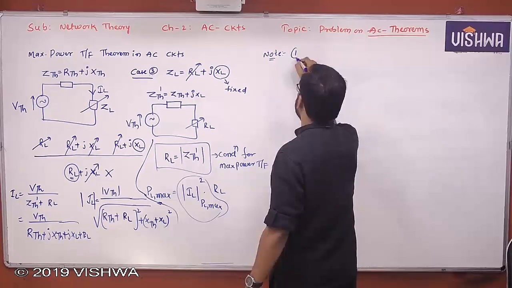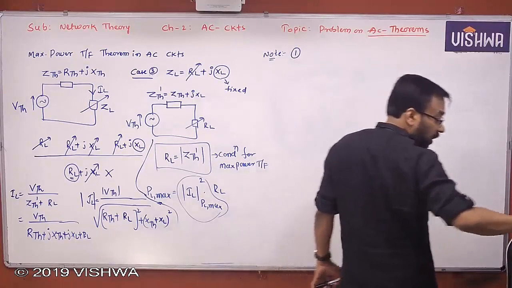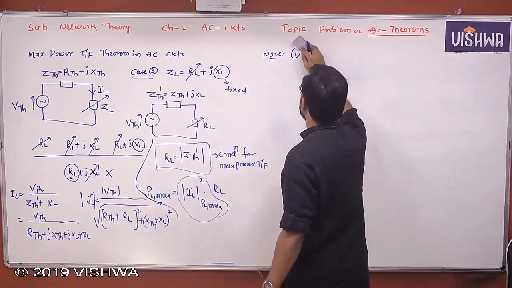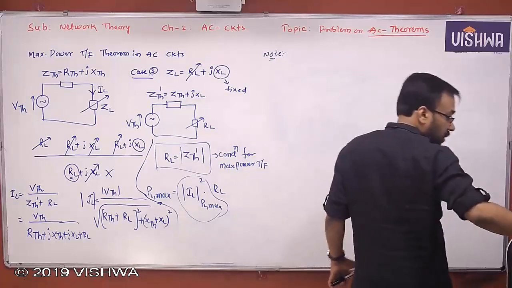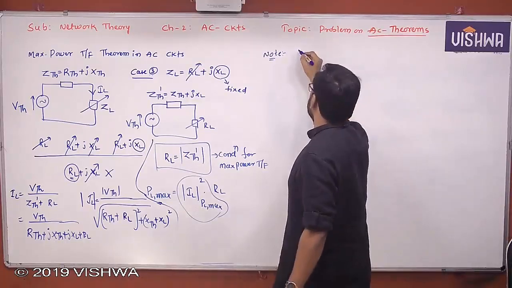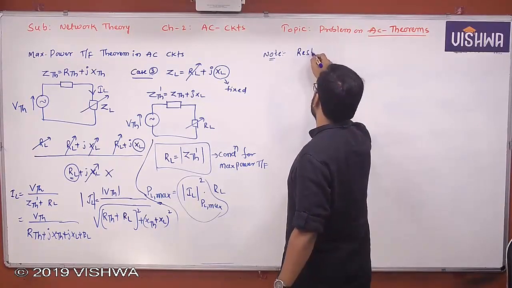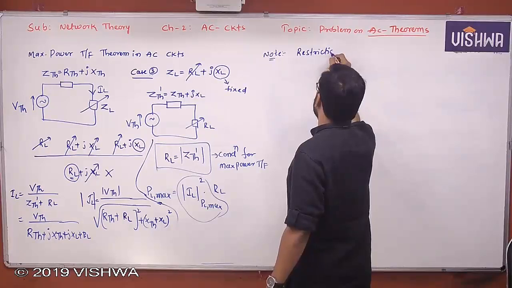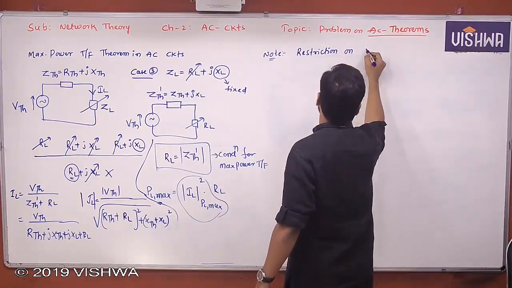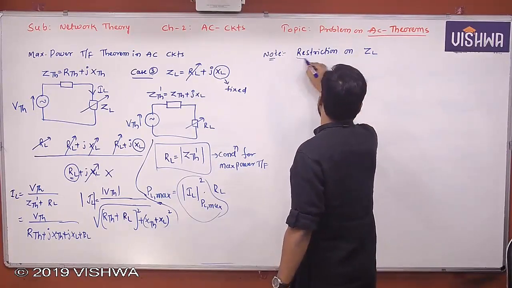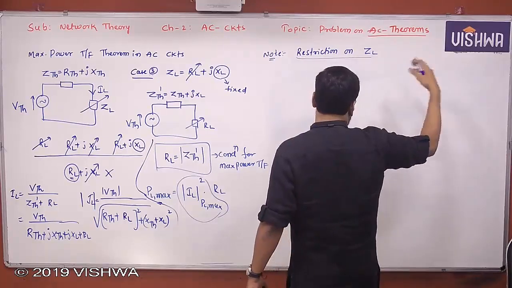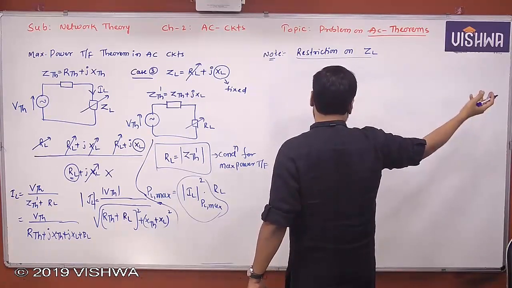First one, restrictions. Okay, I just write restrictions on ZL. That means it might be RL or XL or angle of ZL.